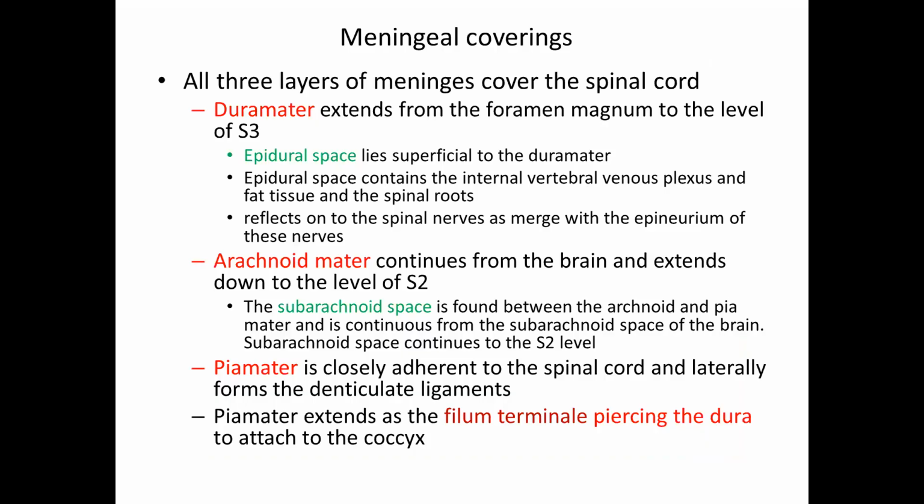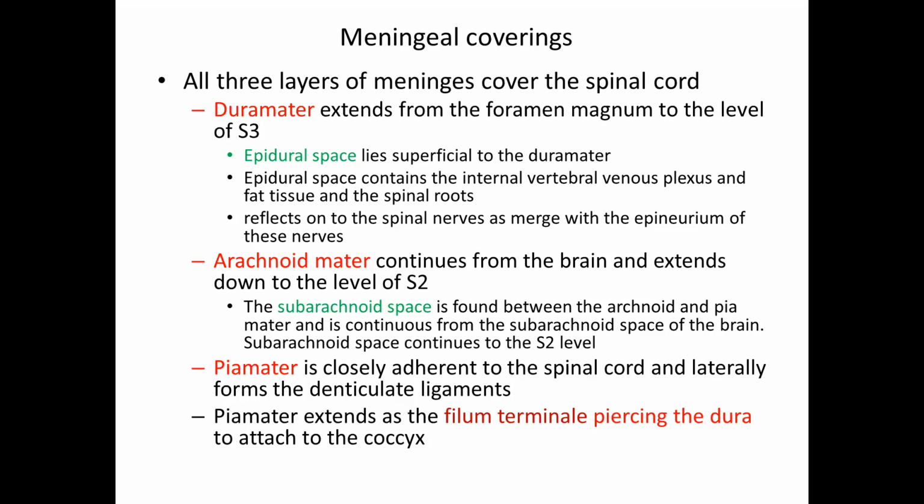Okay? So then, just about the different meningeal coverings of the spinal cord. As you know, it extends from the foramen magnum, right, and extends down into the whole of the vertebral canal, right?